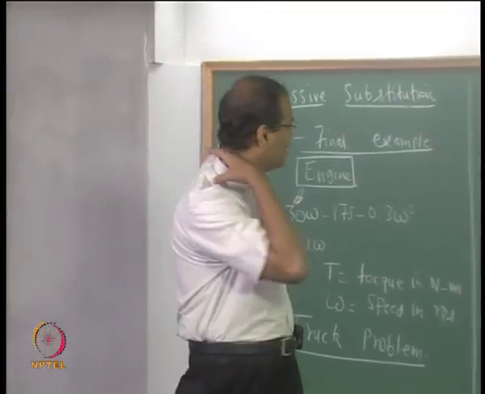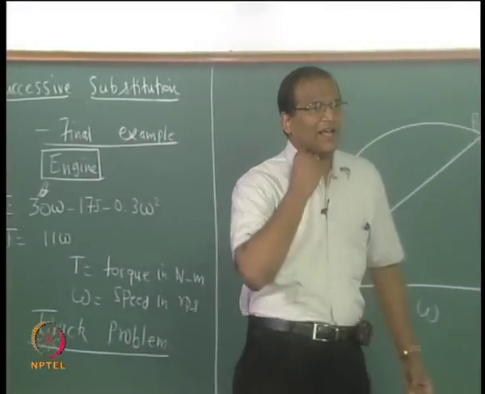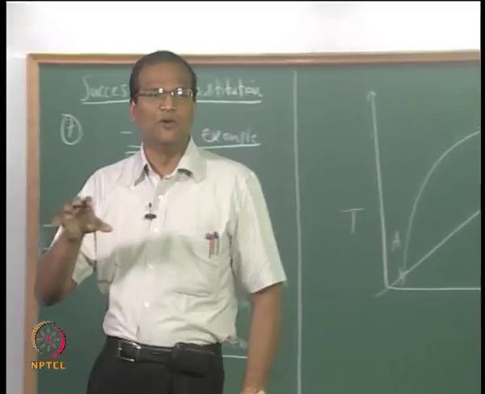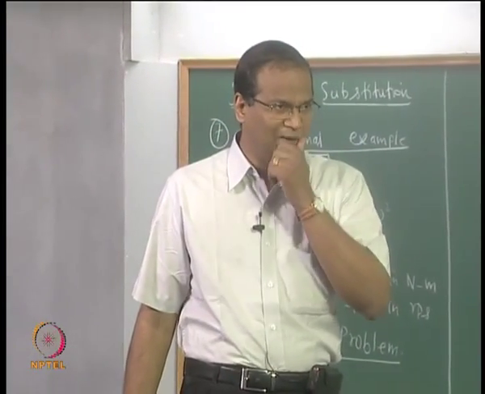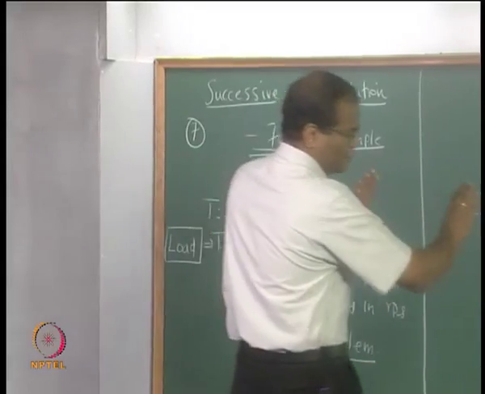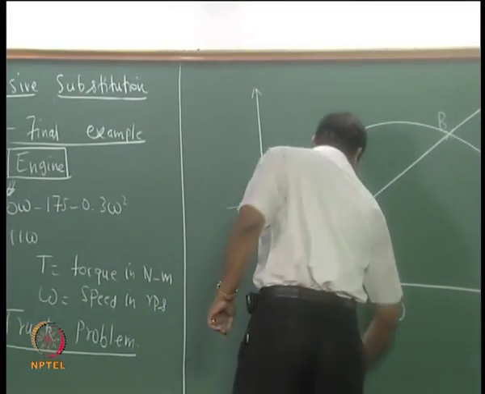Okay, so I think the basic idea of asking you to solve the problem with two information flow diagrams is to ensure that you get both the operating points, right. So we will first draw the information flow diagrams.